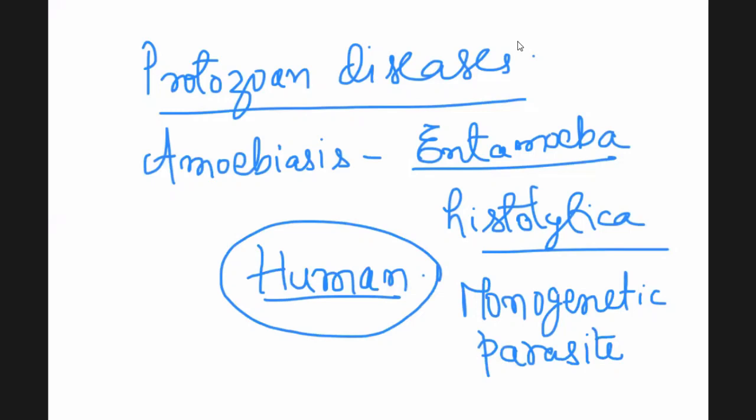Its reproduction, growth, everything occurs in one human. It may be attacking many, but it doesn't require a second type of host. So such parasites are monogenetic parasites, completing their life cycle in a single host.